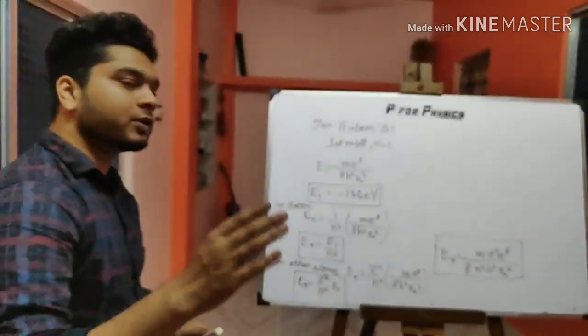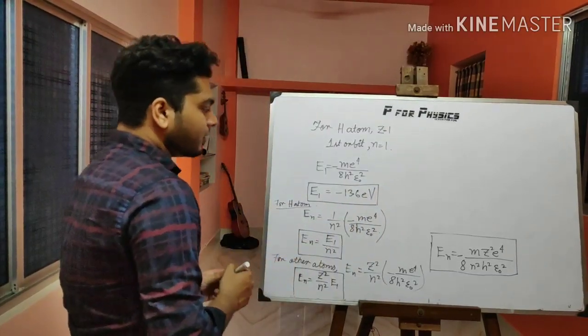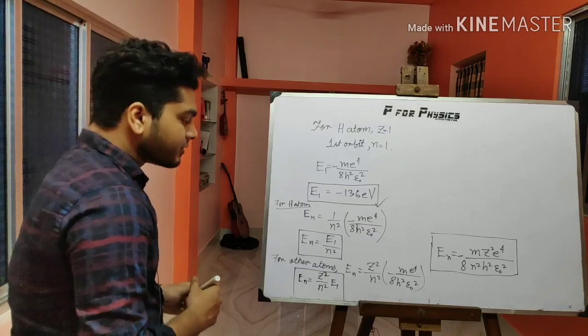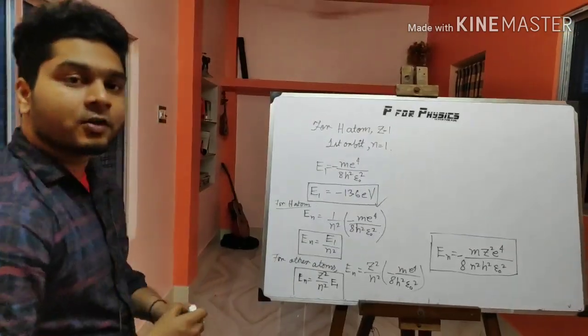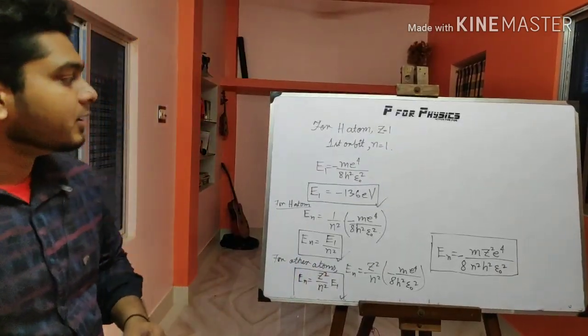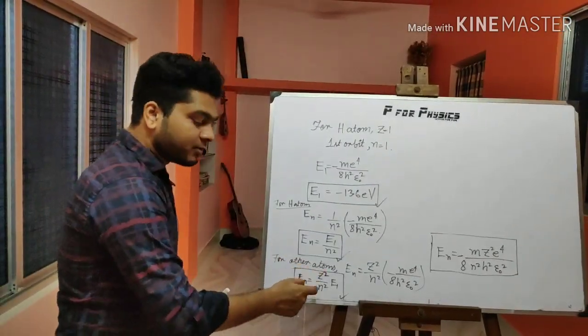Now again, what you need to remember, not this one but this one, is the value for the first orbit, then the relation for the nth orbit of hydrogen atom, and for other atoms this one, Z square by n square. For Rn it was n square by Z. Now for energy it's Z square by n square.